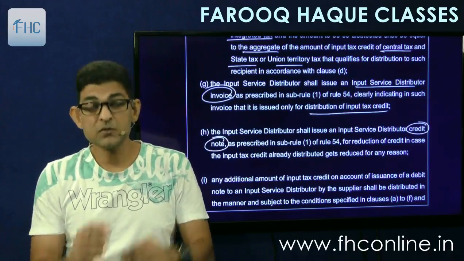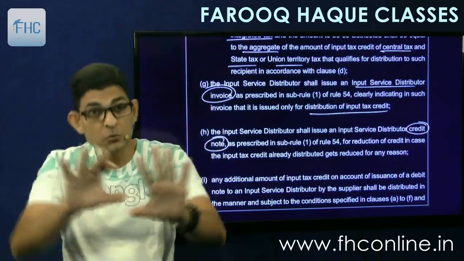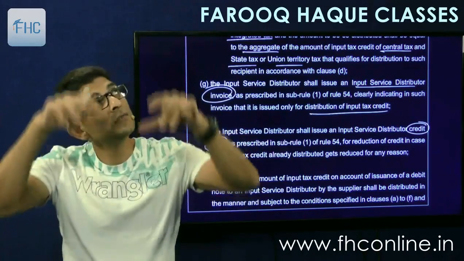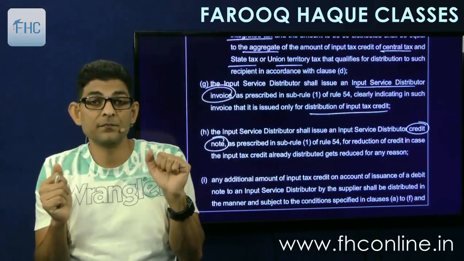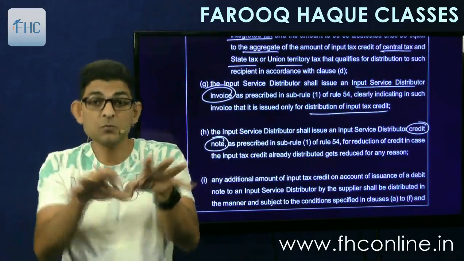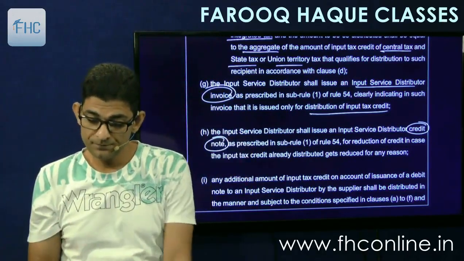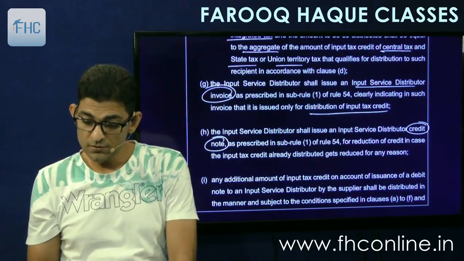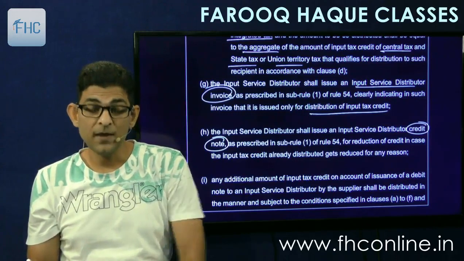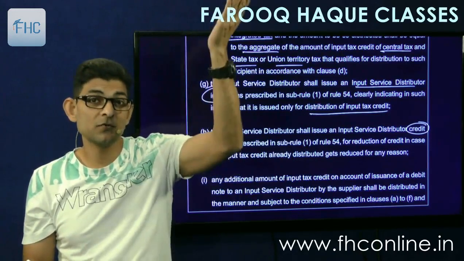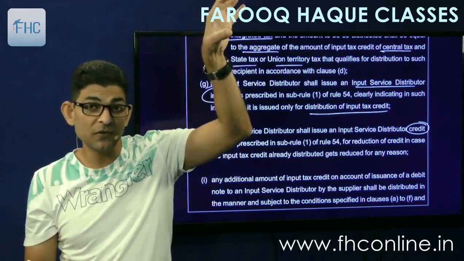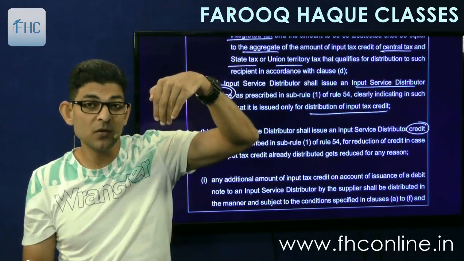So first, if an invoice is received, we'll distribute it. Later on, if the original supplier gives us an additional invoice regarding additional tax, then we have to distribute that also. For that we'll issue a debit note, and a credit note is issued when the tax is reduced. So if the original supplier reduces the amount of tax, then he gives us a credit note at the head office.